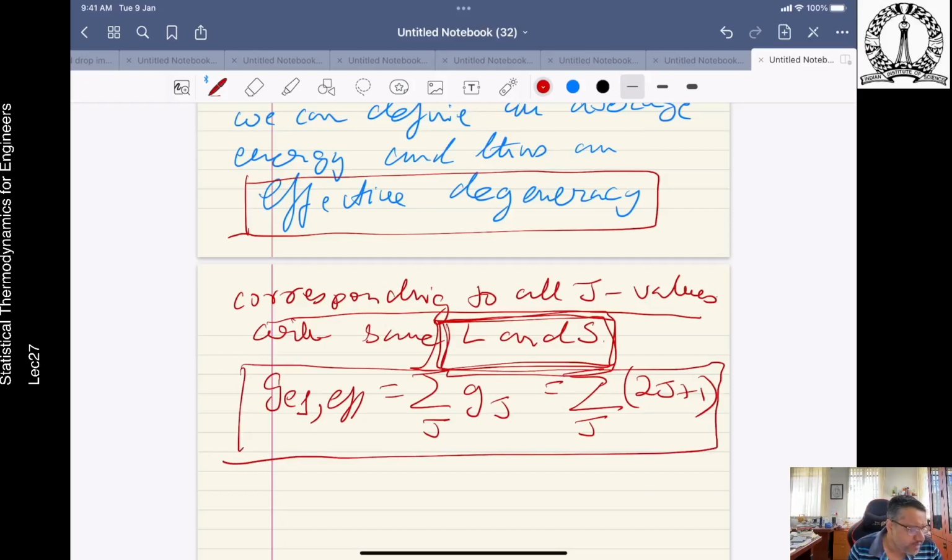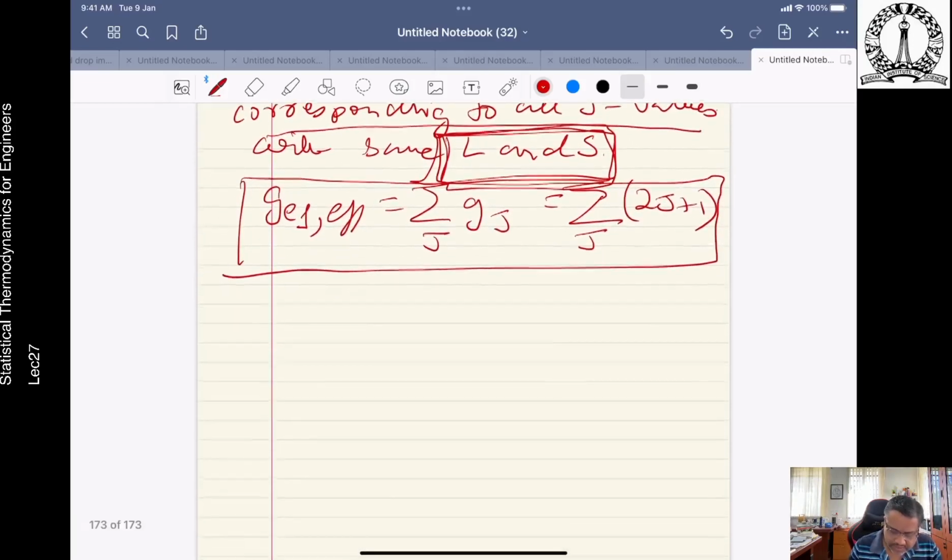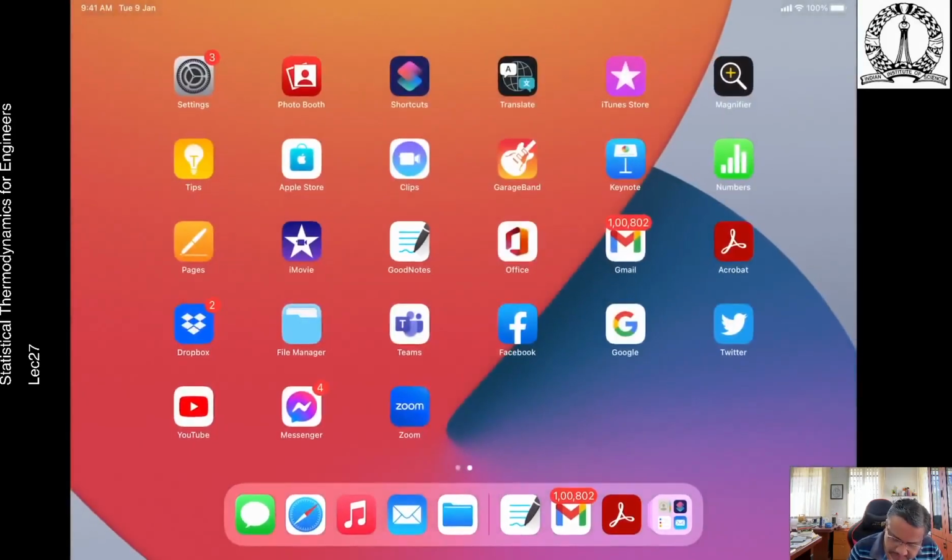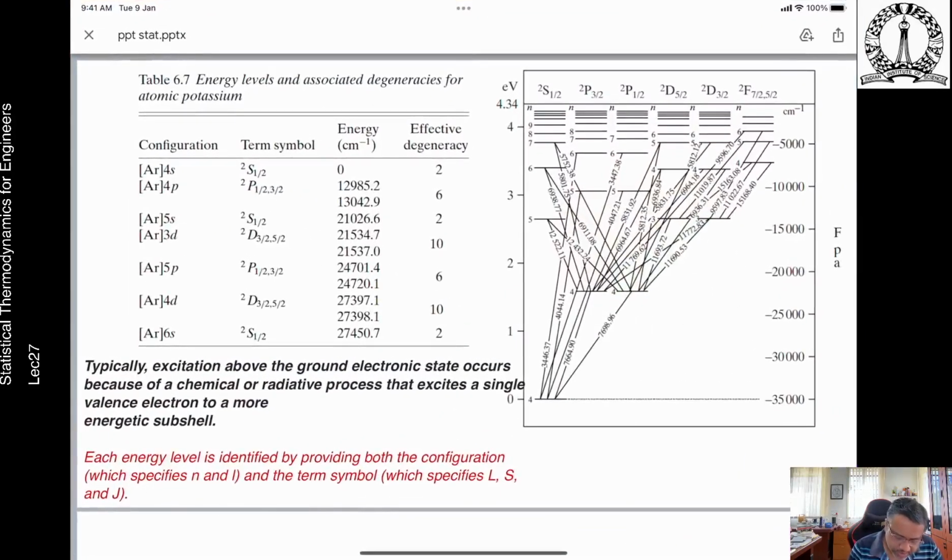In some cases, when the J value is just one, you can make an estimate of what the effective degeneracies will be. Let us look at the figure once again, because I think that will give us a better idea. Let's take a look at the degeneracy of the first term, which is given as 2. The J value is half, so 2 into half is 1, plus 1, which gives you 2.